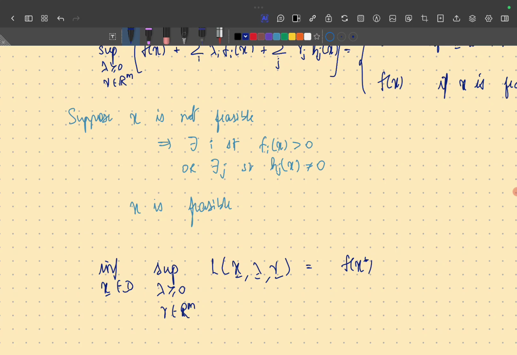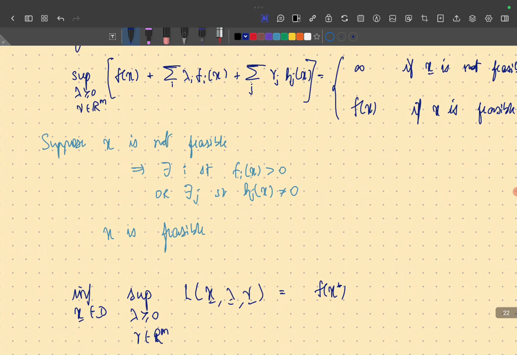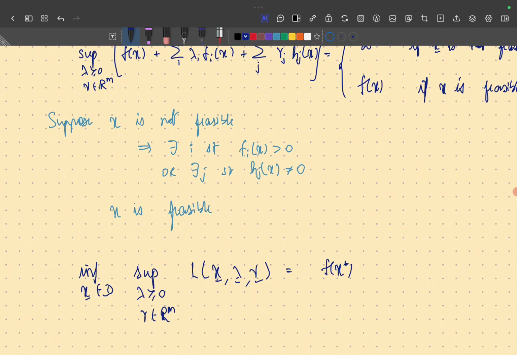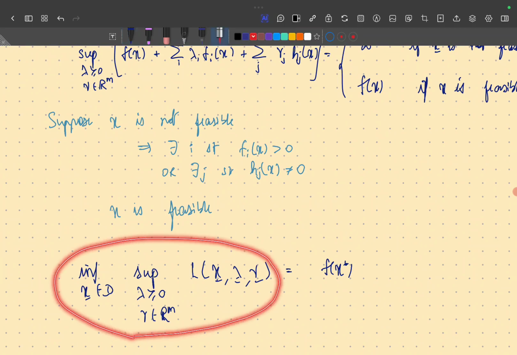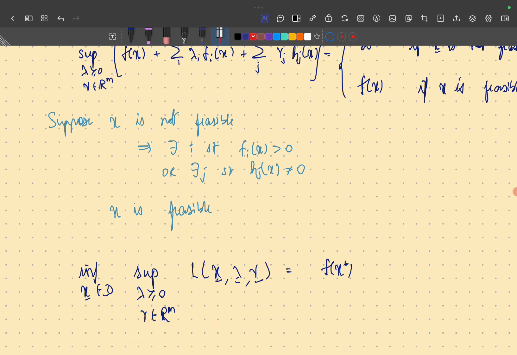What can you say about the minimizer of this inf sup? No calculus, nothing is required. So I have this function, right? Basically, how did I get this? I first took the supremum and then took the minimum over all x, right? So at what x is this infimum achieved?